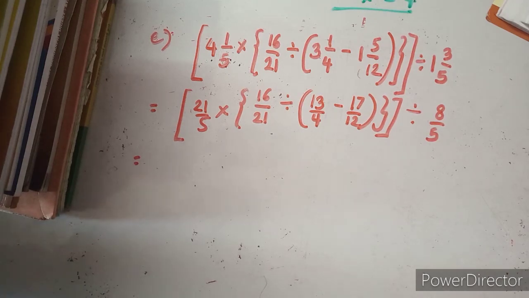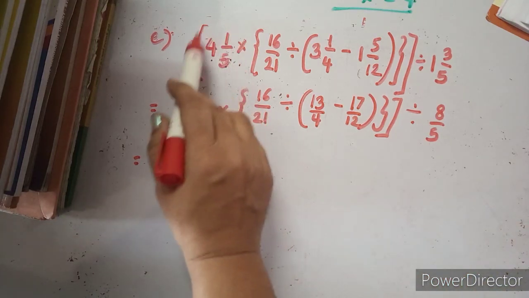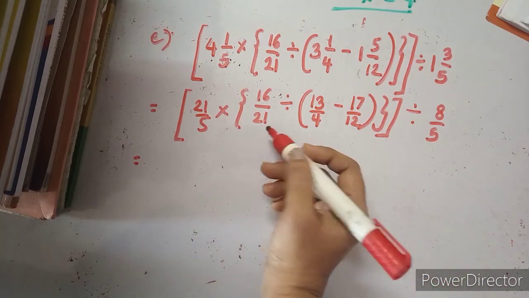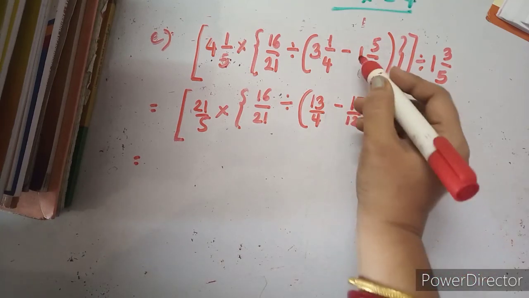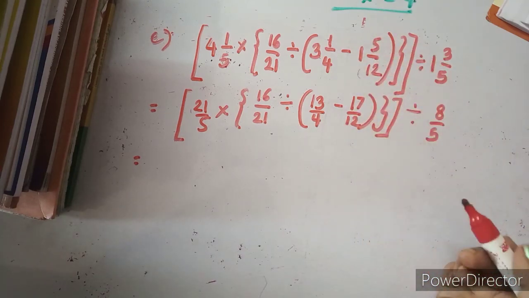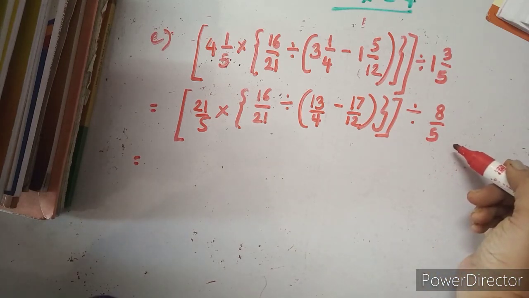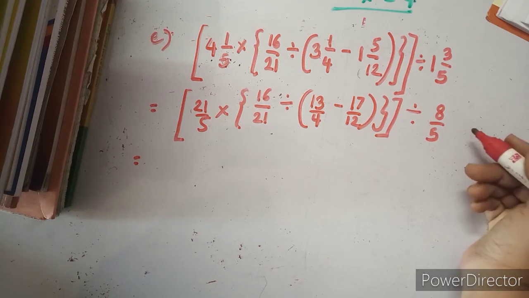Okay, so in the second step I have converted all the mixed fractions into improper fractions. So can you see here, this 4 1 by 5 is 21 upon 5, then this 3 1 by 4 has become 13 upon 4, and this becomes 17 upon 12, and here also you have another mixed fraction, that gives you 8 upon 5.